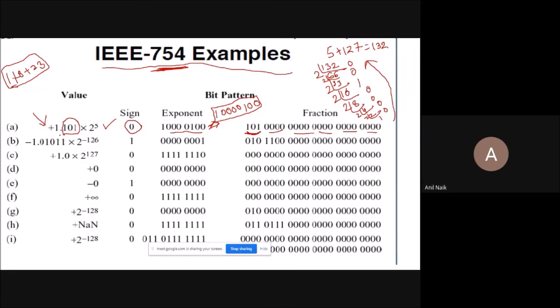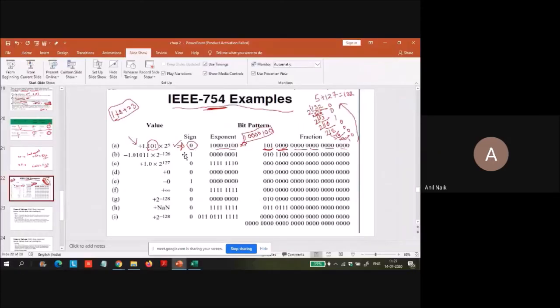We understand this value, plus 1.101 into 2 raised to 5, as human beings, but in the computer, the data representation is IEEE 754. So this is the data, total 32 bits: 1 sign bit, 8 bits exponent, 23 bits fraction. For this number, the corresponding IEEE 754 representation is this one. I hope it is clear for you.